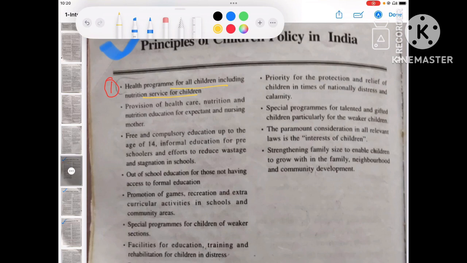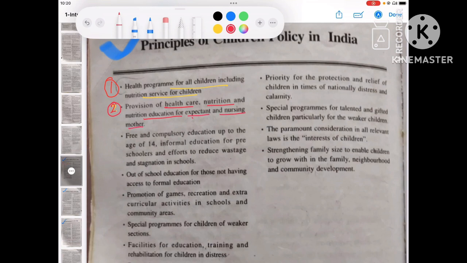And the second principle is the provision of healthcare and nutrition education for expectant and nursing mothers. So what is provision of healthcare? It means to maintain and improve the healthcare and the nutrition education for the expectant and nursing mother.